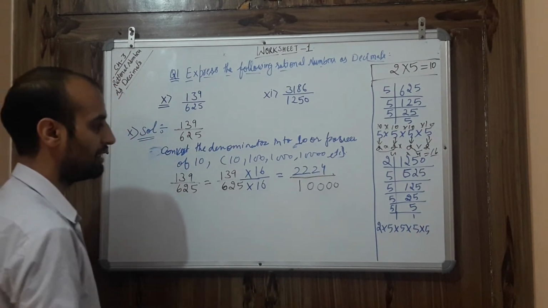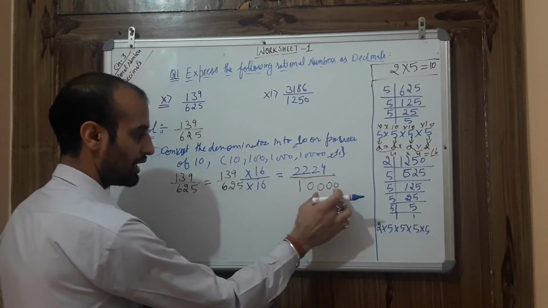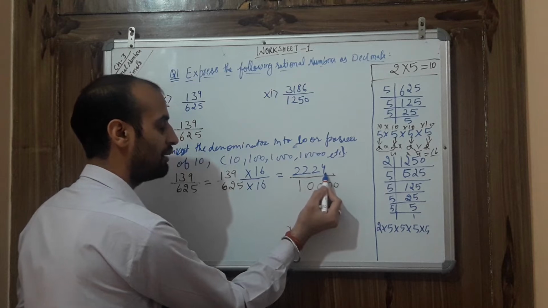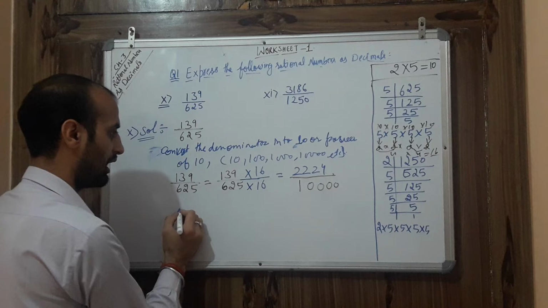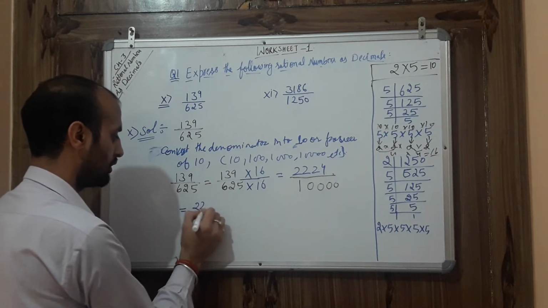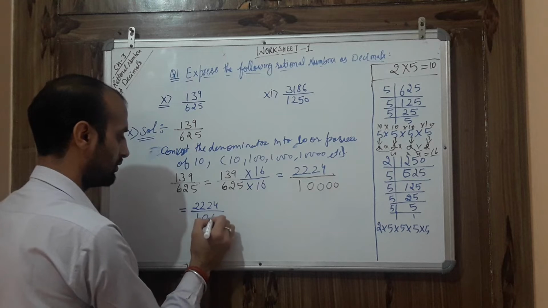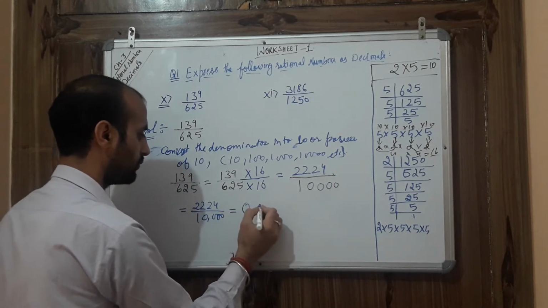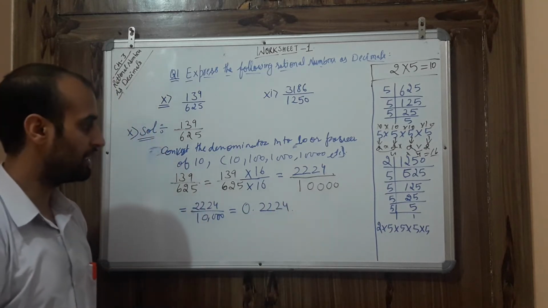How to shift a decimal? Just count how many zeros are there. 1, 2, 3, 4. If there are 4 zeros, shift the decimal, consider it is here, and then leave 4 digits. 1, 2, 3, 4. So if you are leaving 4 digits, you will get 2224 upon 10,000, which is equal to 0.2224.